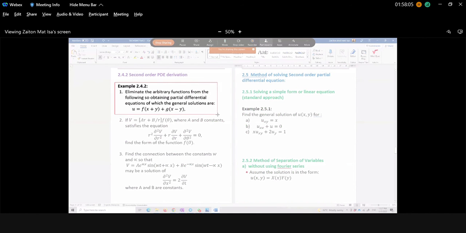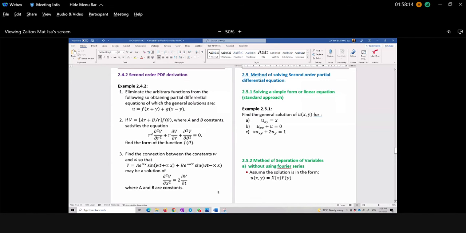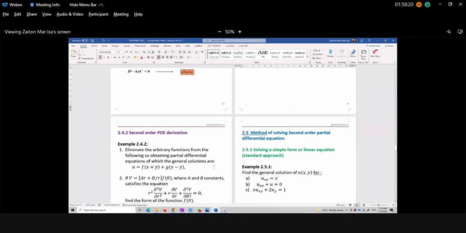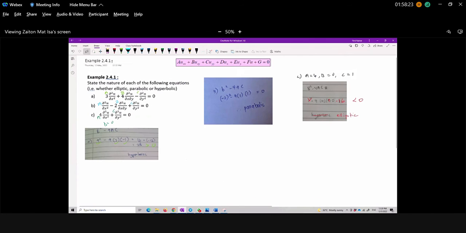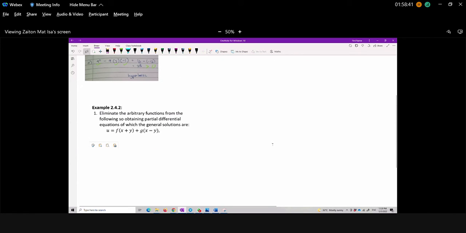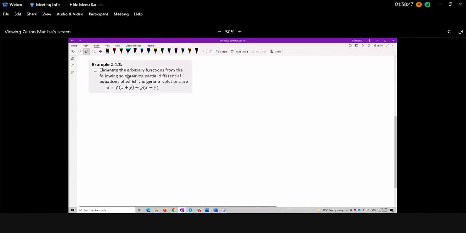First order also has it, right? We title it Classification and Derivation. Classification, order. So there is no theory, nothing. Just use your knowledge from the first order PDE.